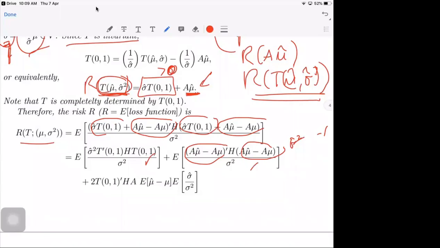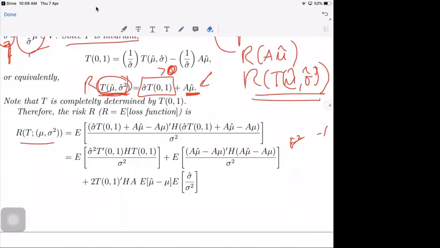And then middle term. So may tabo ani na naman ako. This part here is sigma hat P01 prime plus A mu hat minus A mu prime.